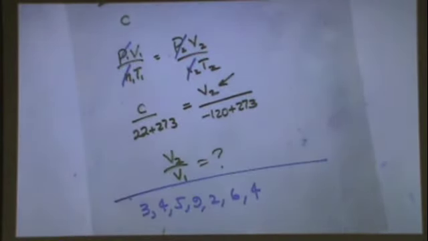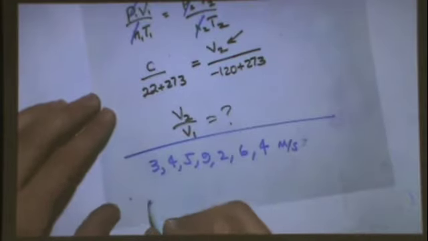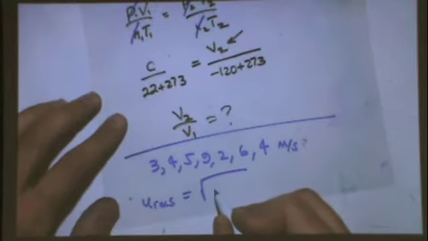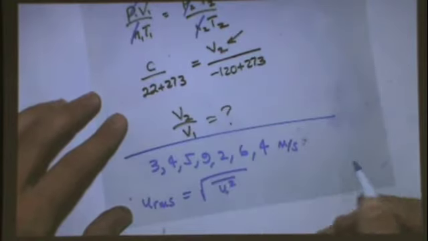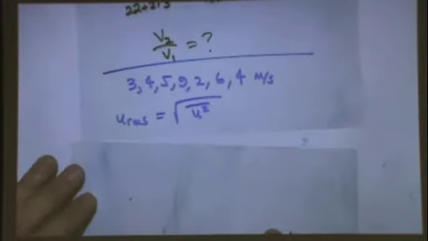Which one of these did you want to solve? The average, the mode, the mean, the root mean square, all of them? The root mean square velocity, if all of these are velocities, means the square root of the squares averaged. So how do you do that?